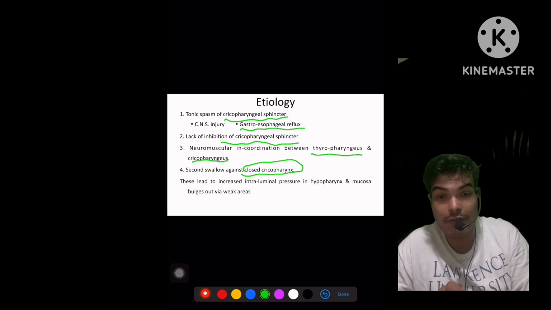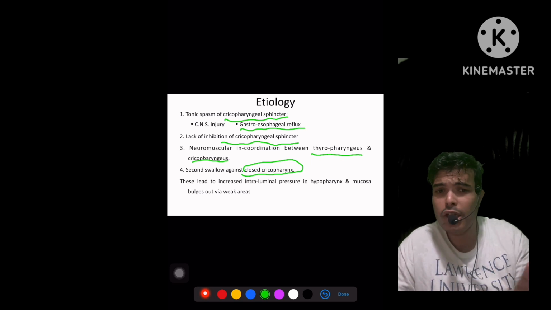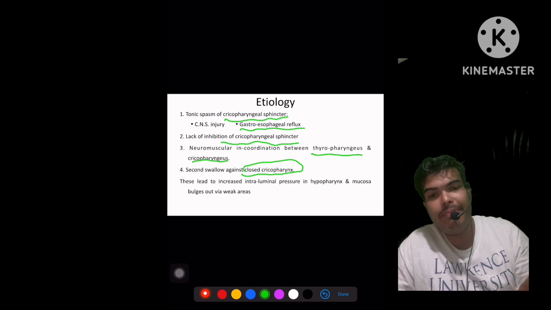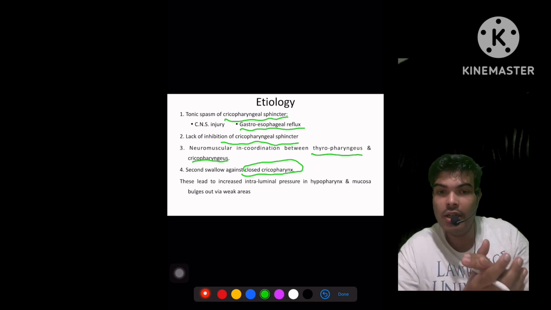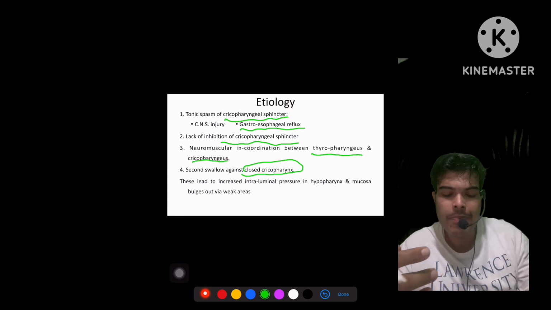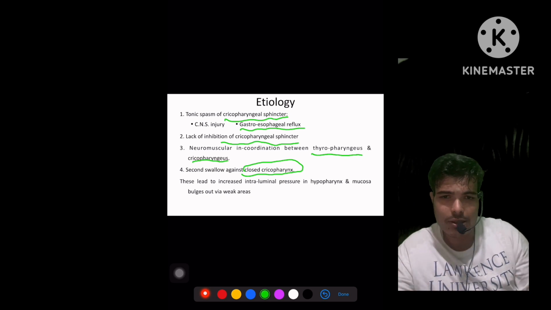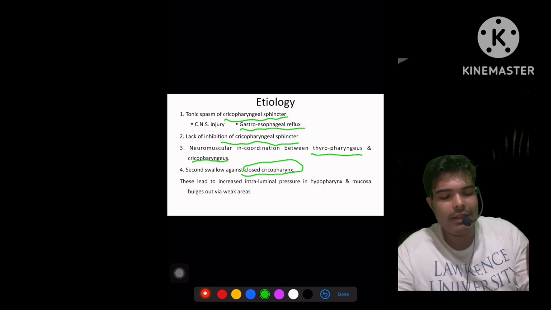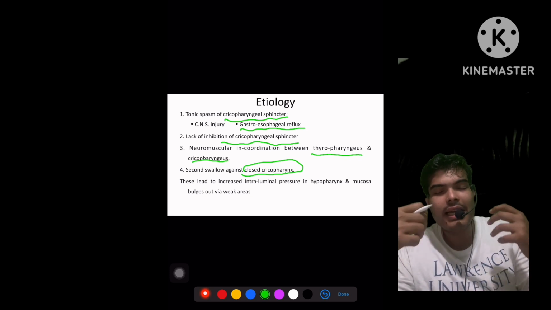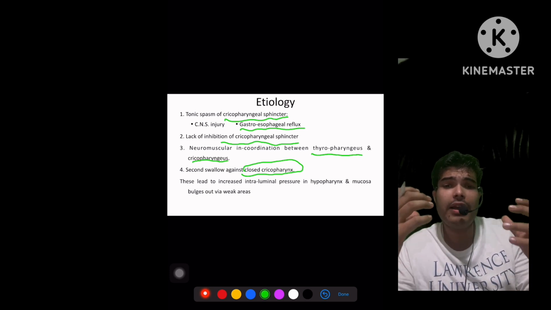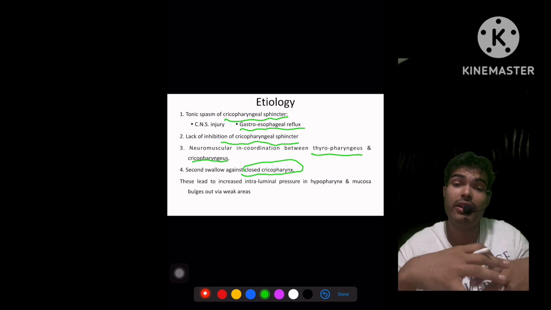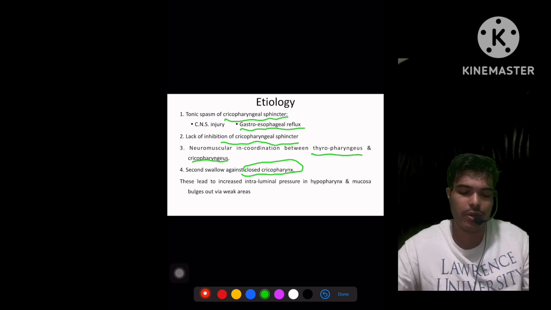It might be from a second swallow mechanism, or neuromuscular incoordination, or because of the tonic spasm of the cricopharyngeus muscle, or just a lack of cricopharyngeal sphincter relaxation. So there is no relaxation, just a spasm, okay.